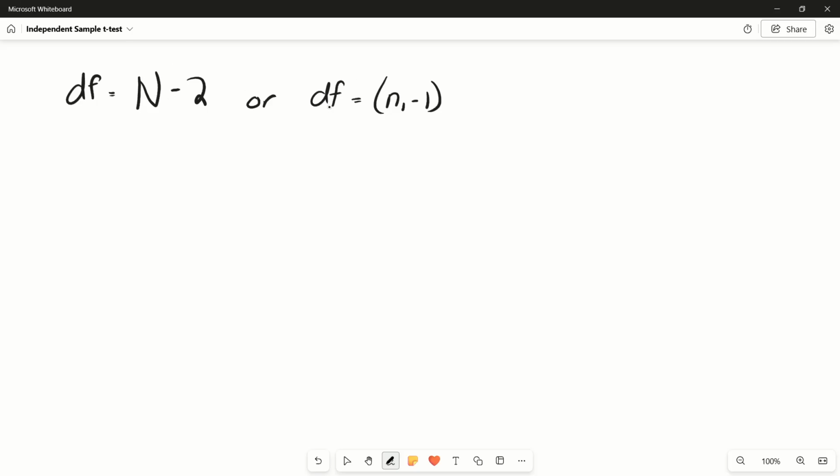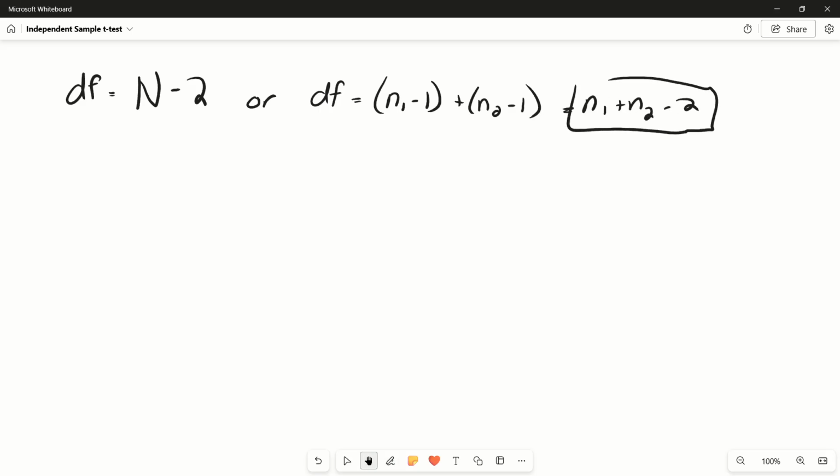Minus 2. Or you can see it written as sample 1 minus 1 plus sample 2 minus 1, which then turns into N1 plus N2 minus 2. So you may see it written like this as well.